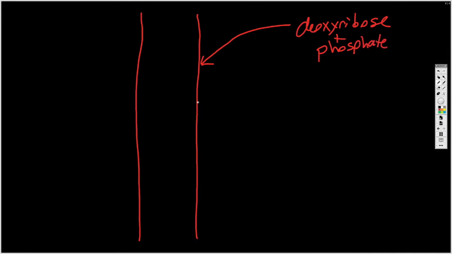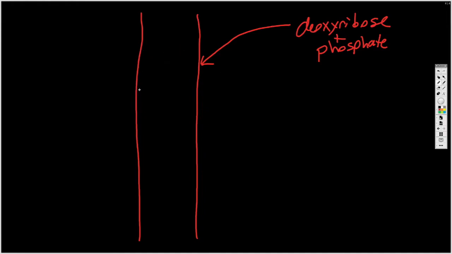So this is called a sugar phosphate backbone. Deoxyribose is the sugar, phosphate's the backbone. And that's how DNA gets part of its name, deoxyribonucleic acid, because of the deoxyribose sugar that's a component of this backbone.